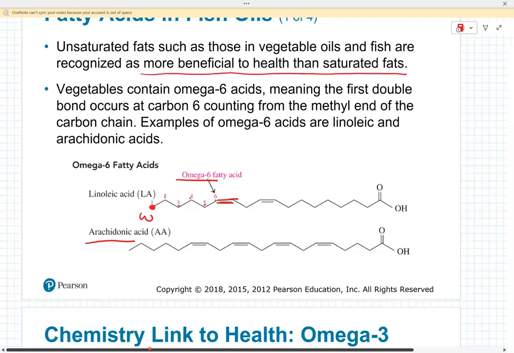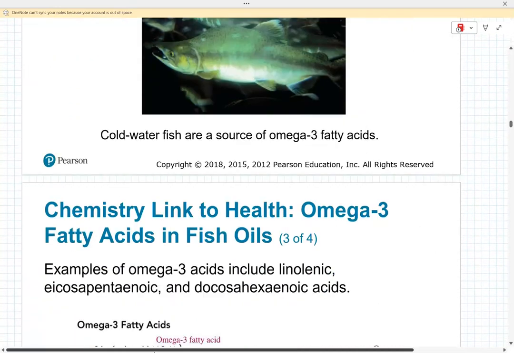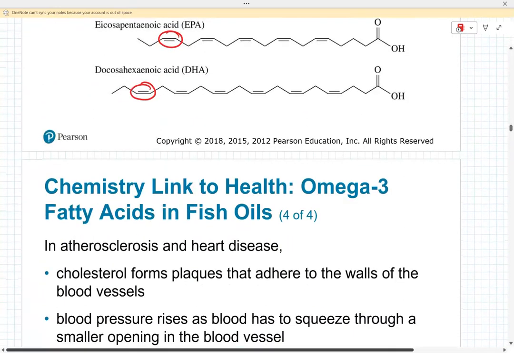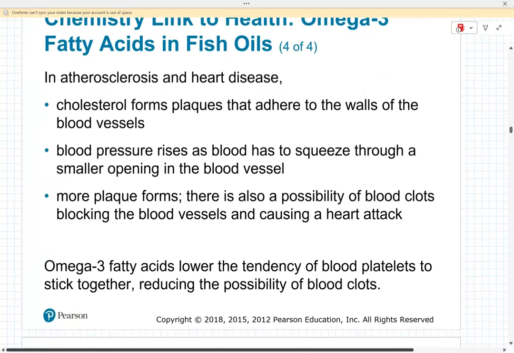Now, another evidence that this book was written not by physiologists, because what is more beneficial to health? So, it has been shown that an increased percentage of mono and polyunsaturated fatty acids in the diet generally reduces the risk for developing cardiovascular disease.